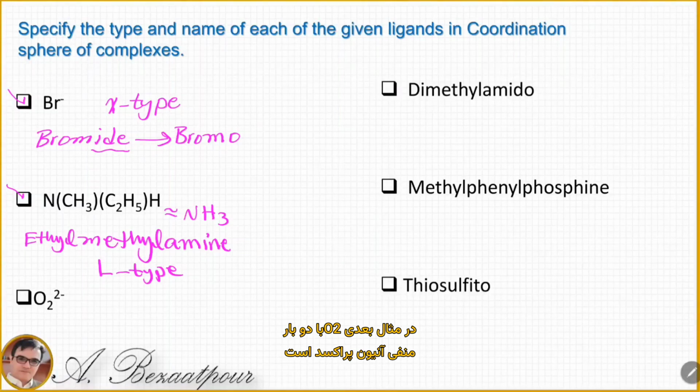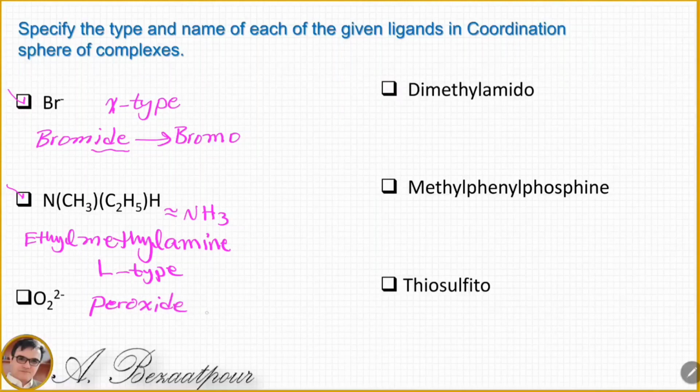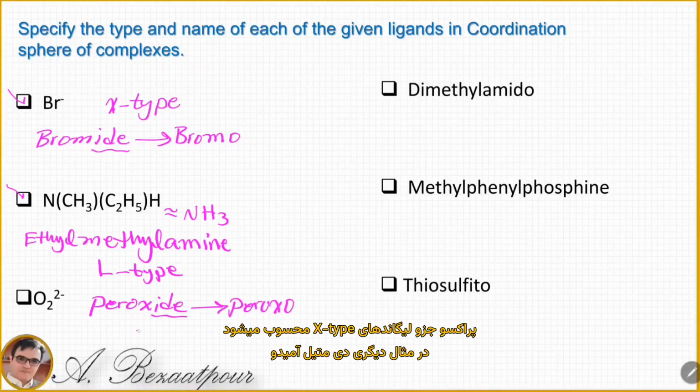In the other one, O2 2 minus is the peroxide anion, so I can name it peroxo. Peroxo is an X type of ligand.